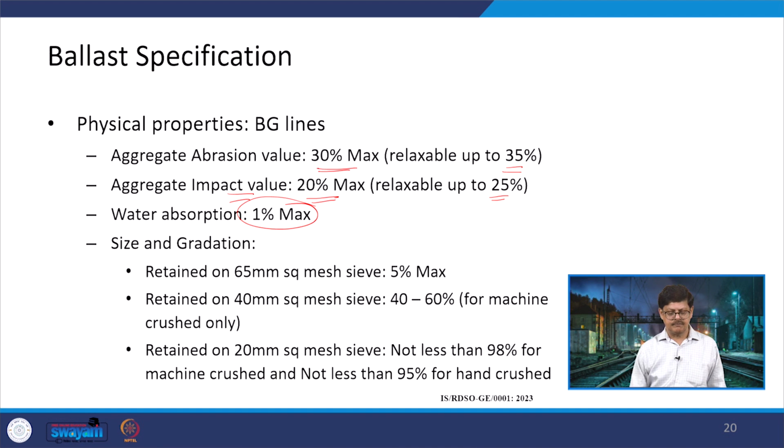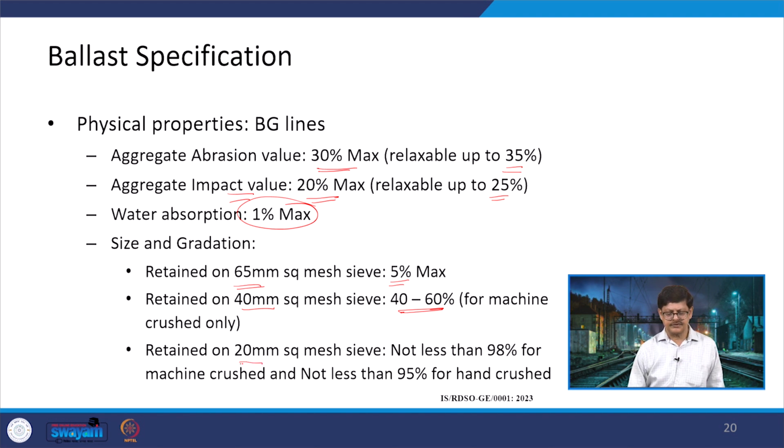Size and gradations: retained on the 65 mm square mesh sieve only 5%, the rest 95% should pass through it. Retained on the 40 mm square mesh, 40 to 60% is the range given, and that too for machine crushed only. It means 60 to 40% is passing in this case.